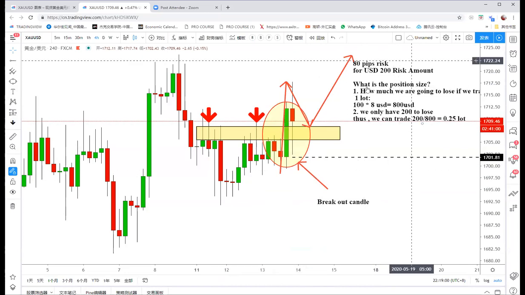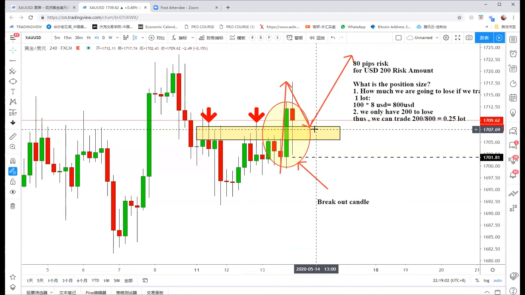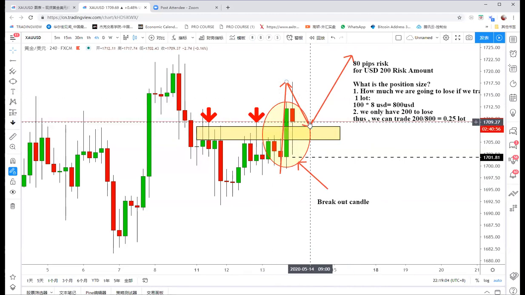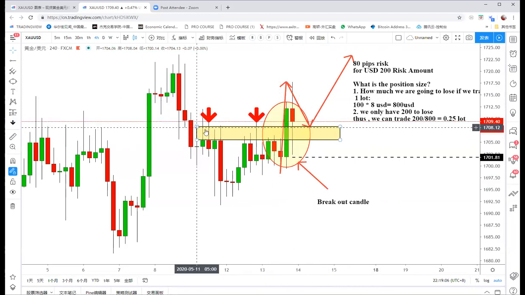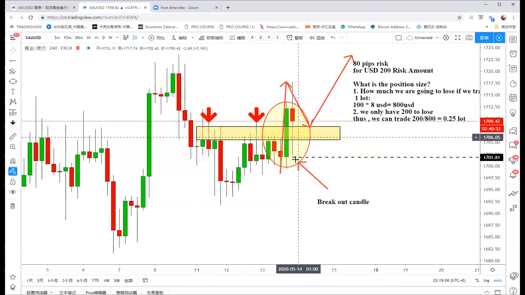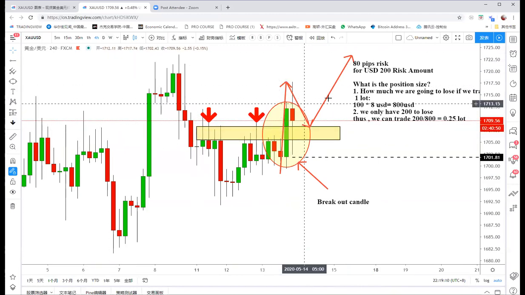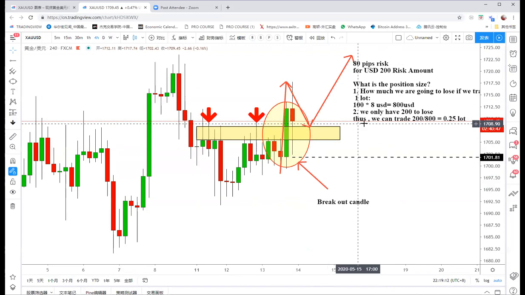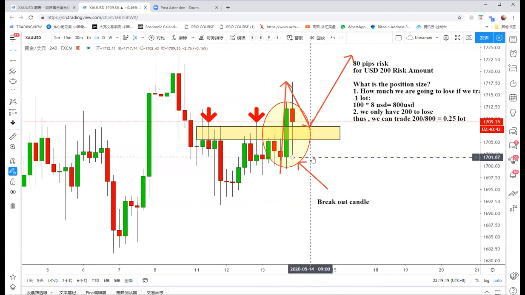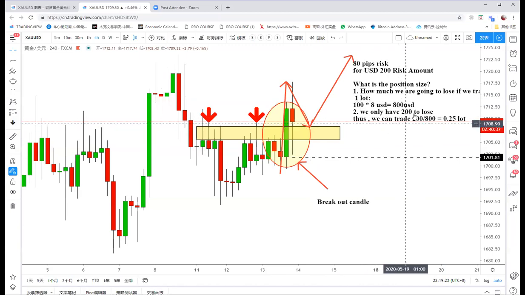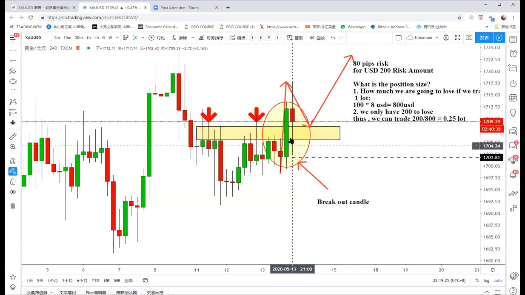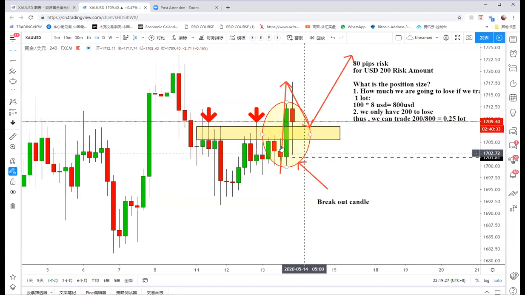So here we have a good example of a trade. We observed the structure was broken, and we have a retest right now on the 4-hour chart. We quickly check our entry, which is now 1709.40, and we put the stop loss at about 1701.90. So we are having an 80 pips or $8 risk distance.